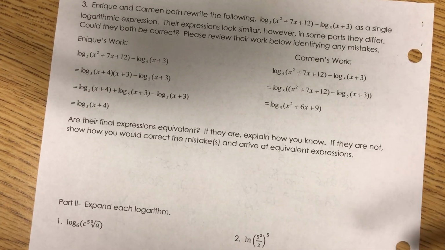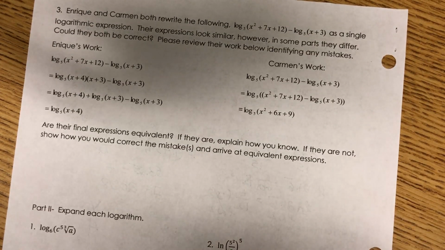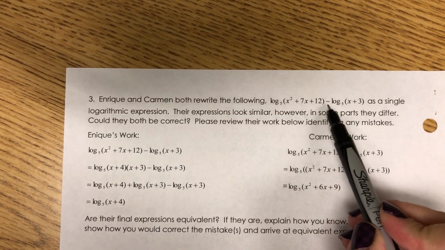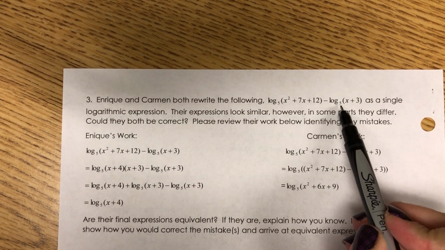Enrique and Carmen both rewrite the following expression as a single log. Their expressions look similar, but in some parts they're different. Could they both be correct? Review their work and identify any mistakes. Oh boy. Okay, so let's just start with Enrique. We've got a subtraction here. We've got the same bases.